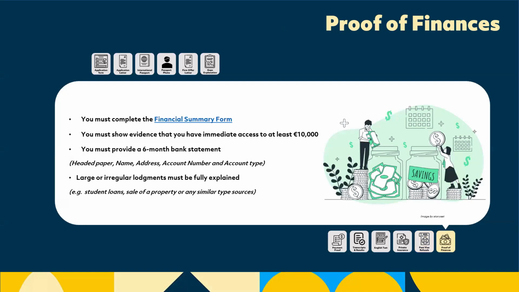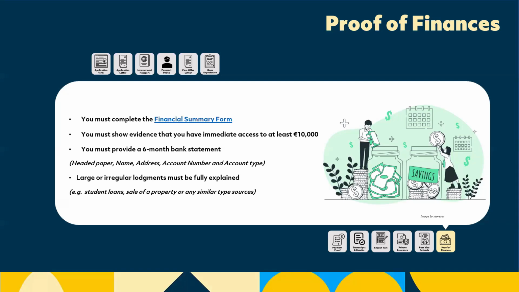And then you now need to show proof of finances. This is one of the major reasons why a lot of students are refused visas to Ireland. You must complete the financial summary form. That is a recent addition, and it gives a quick summary of your financial situation. One thing I have not really spoken about is sponsors.